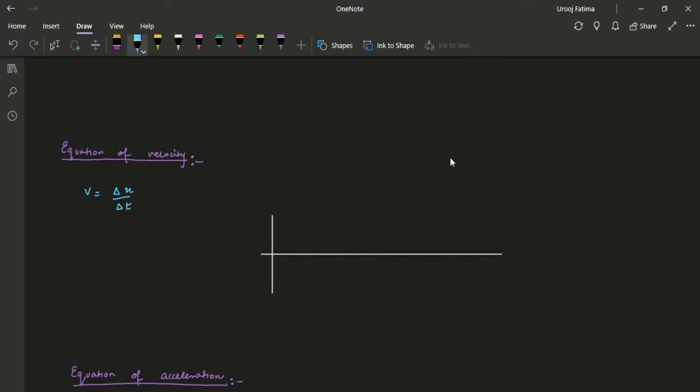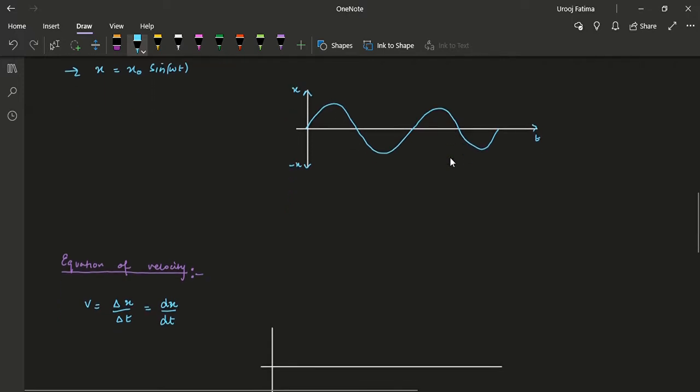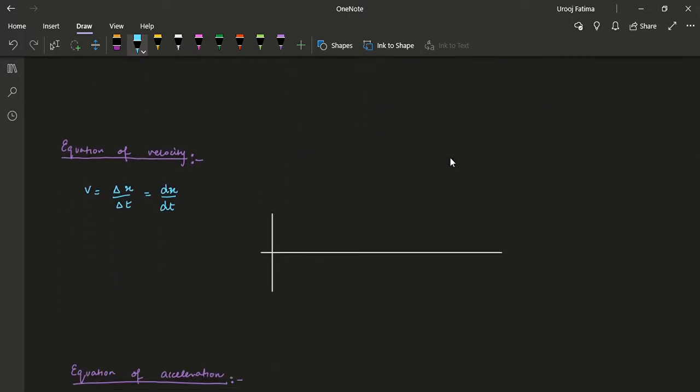And you can write it as dx by dt. What it really means is just the same thing as delta x over delta t. If we take the derivative of this equation of x which we earlier did, we might be able to find the equation for v.